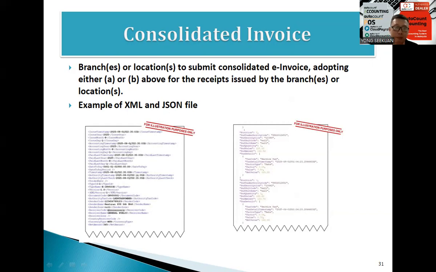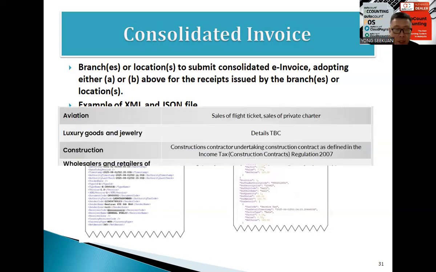It means like KK Mart, if they have 100 outlets, when they submit the consolidated invoice this month, they need to submit 100 consolidated invoices to the LHDN. Here I have an example of the consolidated invoice in XML and JSON format. I just put it on my side as an example only.